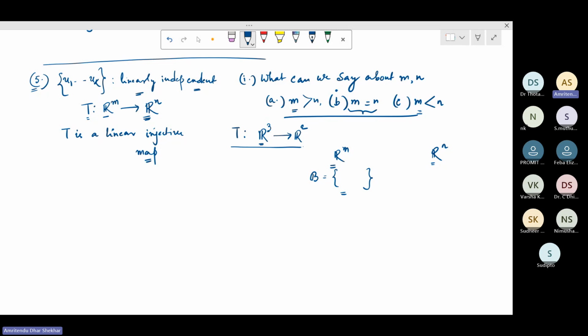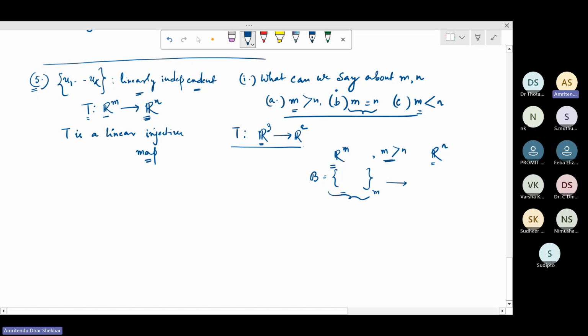Now, if m is bigger than n, in order to construct an injective map you have to take this basis, which has m elements, and send it to a linearly independent set. But a linearly independent set can have at most n elements in Rn, and n is smaller than m. So I'm looking at this case where m is bigger than n.